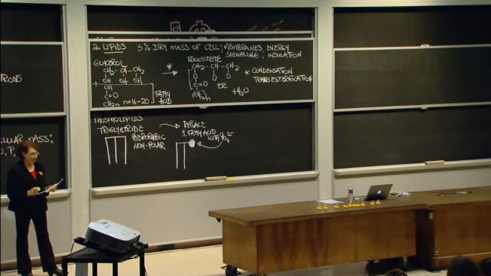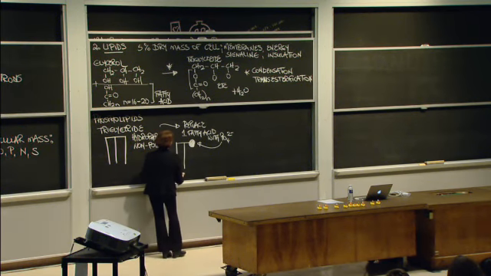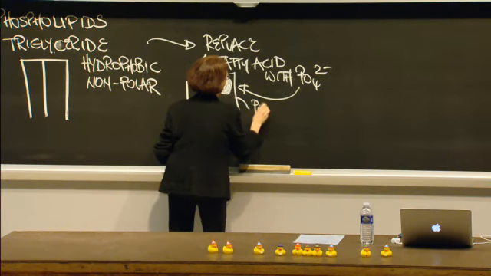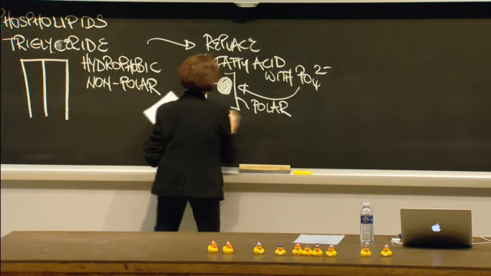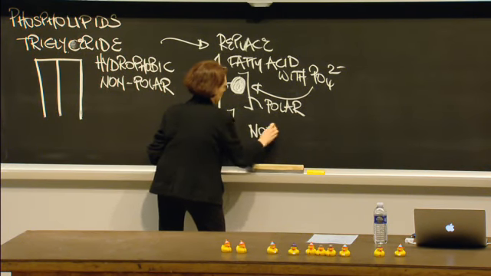And they make cell membranes because they are, on one end, polar, and on the other end, nonpolar. So here, on the top end, they are polar and hydrophilic, and the bottom part is nonpolar.